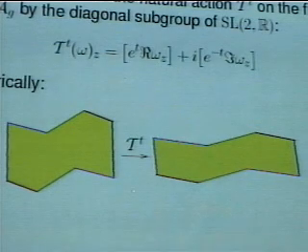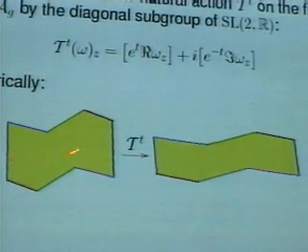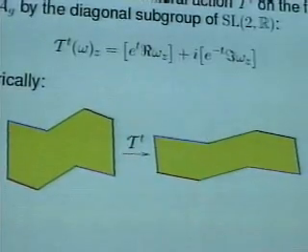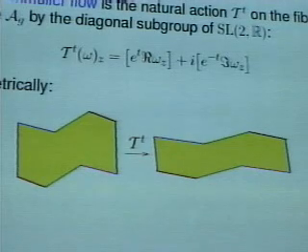In terms of pictures, in terms of polygons, it's even simpler to understand. You just take a polygon, you stretch it by e to the t in the horizontal direction, you squeeze it by exactly the same amount in the vertical direction, and that's it. That's what the Teichmüller flow does.